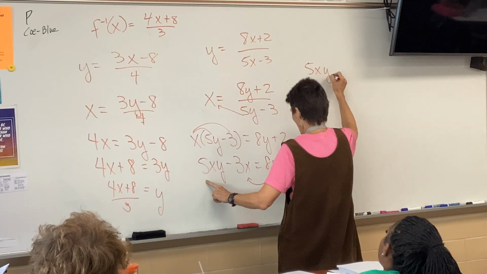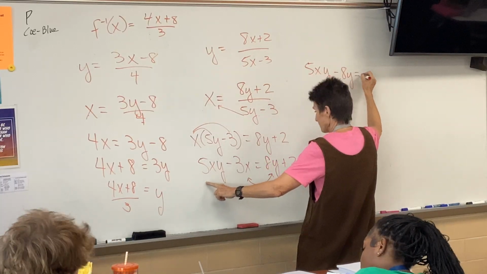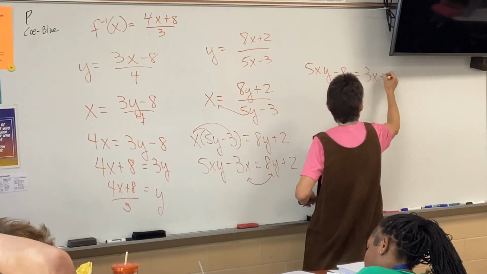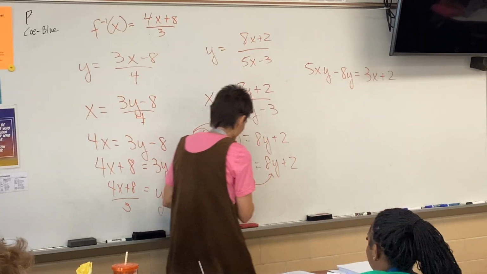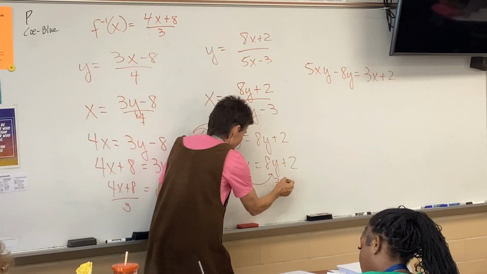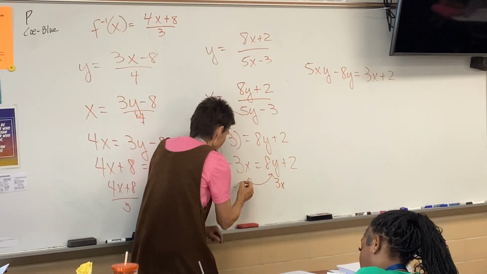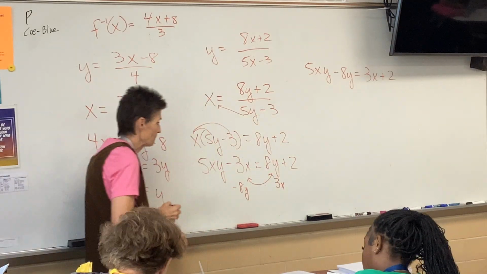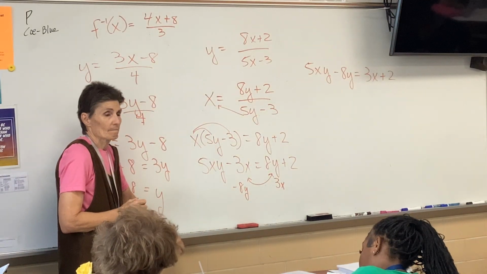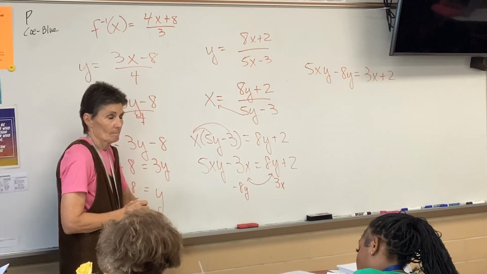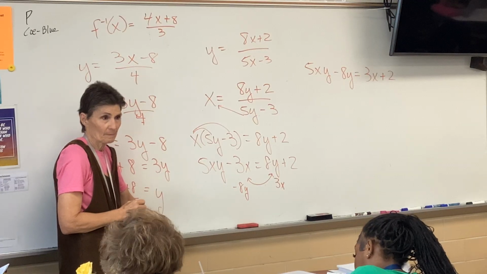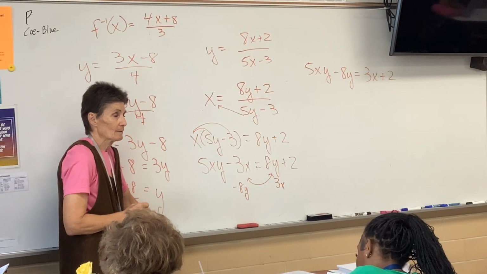So 5xy minus 8y equals 3x plus 2. He comes over here, it becomes a positive 3x. He comes over here, it becomes a negative 8y. You with me? Okay.